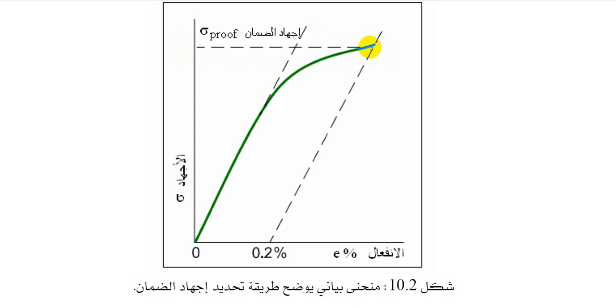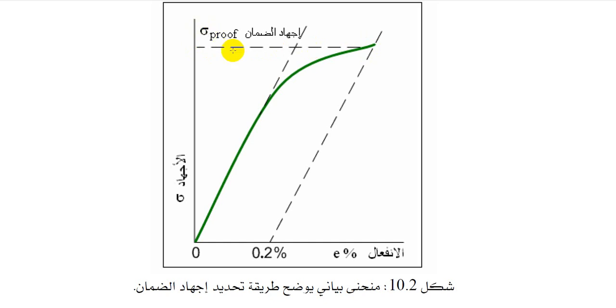The point is on the stress-strain curve, extracted from the intersection between the proof stress slope and the stress-strain curve, and it is mapped to the vertical axis to extract the value of the proof stress, sigma proof.